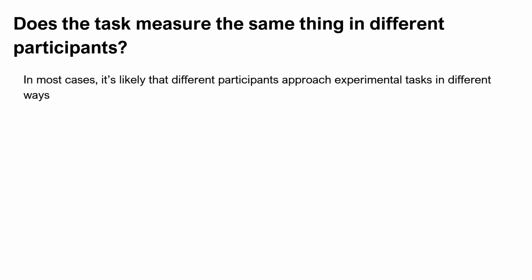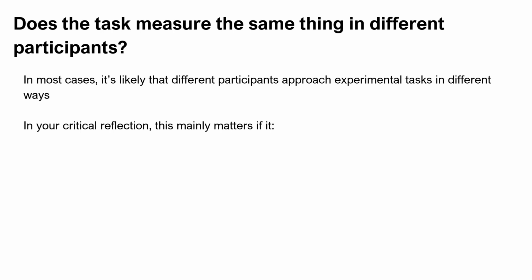So in most situations, it is quite likely that different participants approach any experimental task that you give them in slightly different ways. So they might be trying to optimize their performance by using a particular strategy, for example.